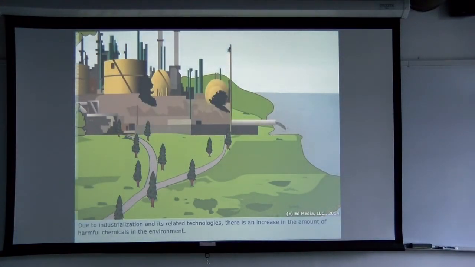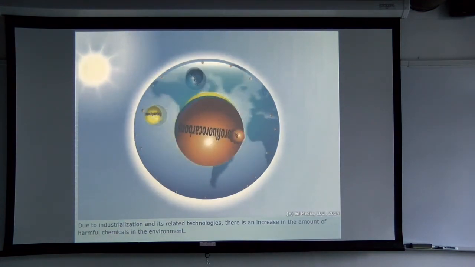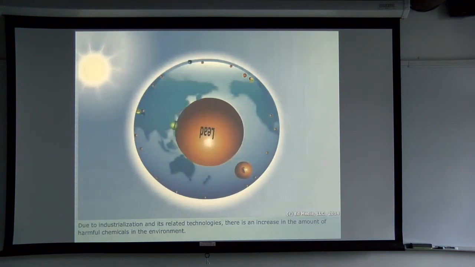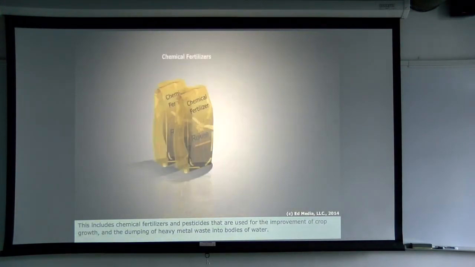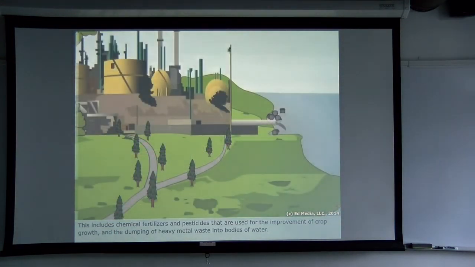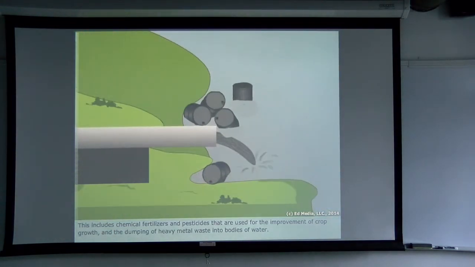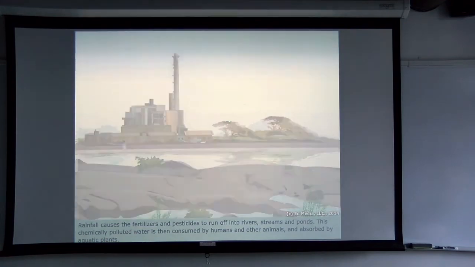Due to industrialization and its related technologies, there is an increase in the amount of harmful chemicals in the environment. This includes chemical fertilizers and pesticides that are used for the improvement of crop growth and the dumping of heavy metal waste into bodies of water. Rainfall causes the fertilizers and pesticides to run off into rivers, streams, and ponds.